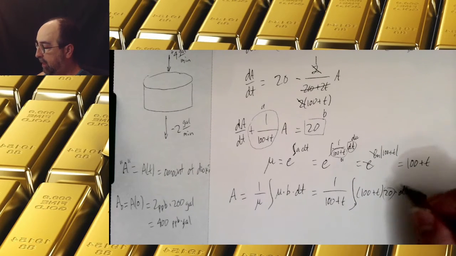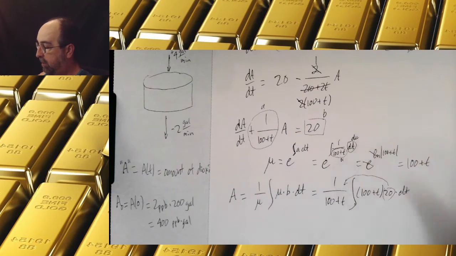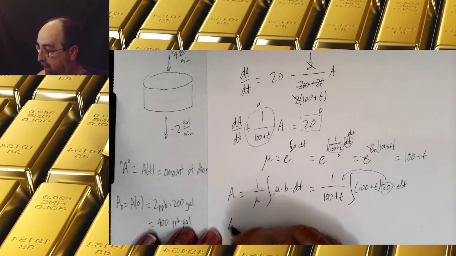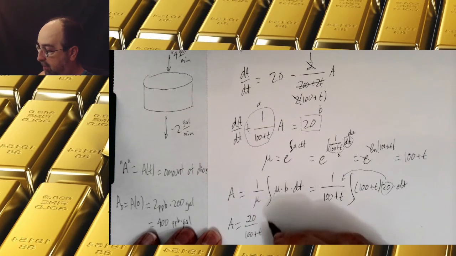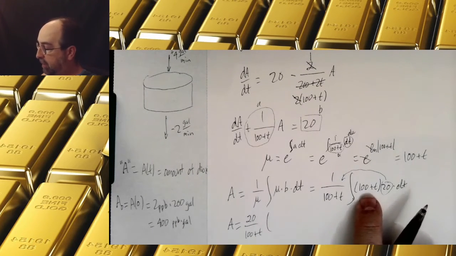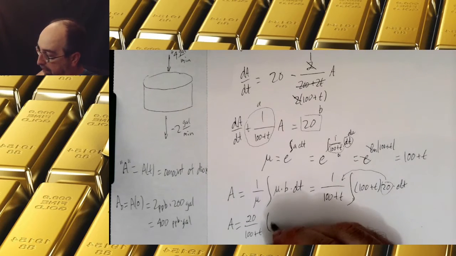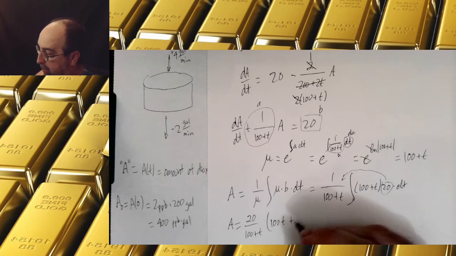Now I'm probably going to take this 20 out front, and I get A is equal to 20 over 100 plus t multiplied by the result of integrating 100 plus t, which is 100t plus t squared over 2 plus c.